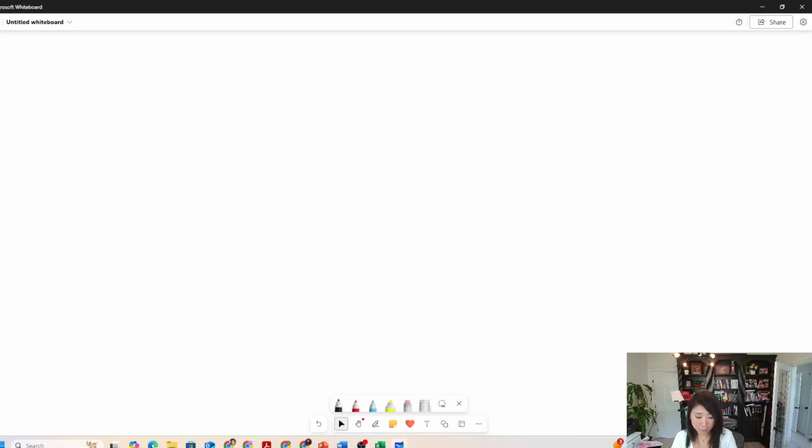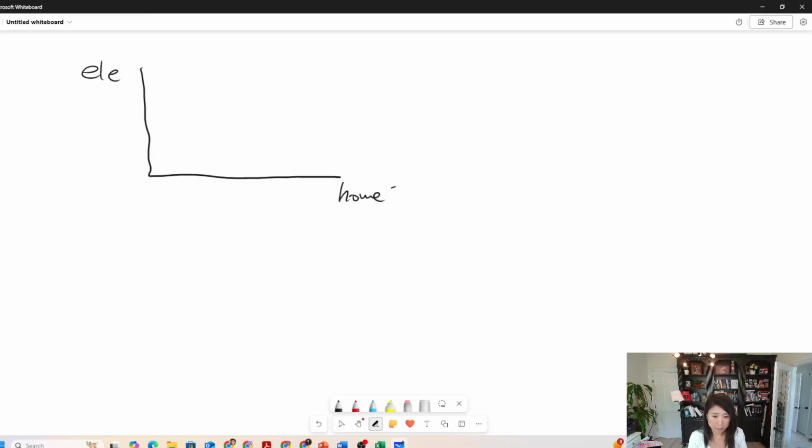To illustrate, whenever we think about this kind of curvilinear relationship, this is the electricity, and this is the home size, and we see this kind of curve. That's my trend line, and once you get past the peak, it slowly goes down. This is my y variable, and this is my x variable.